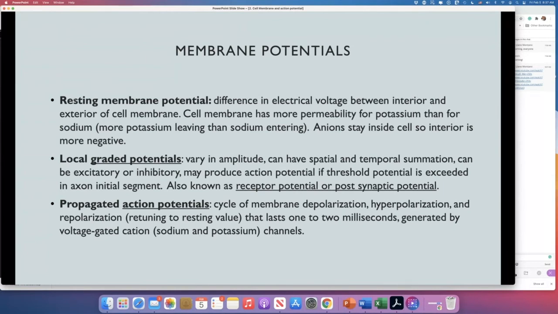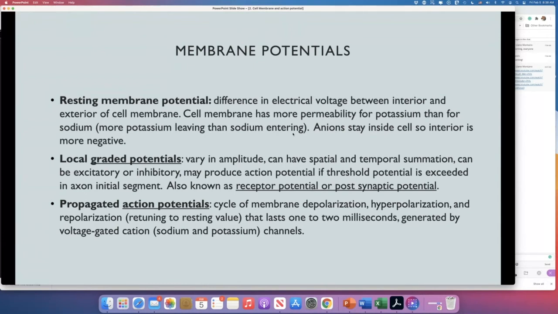That means there is more potassium leaving the cell than sodium entering the cell. Cell membranes have more potassium channels than sodium channels. And when potassium leaves the cell, the anion that belongs to that potassium cannot go out and stays inside the cell, leaving a more negative environment inside the cell than outside the cell.